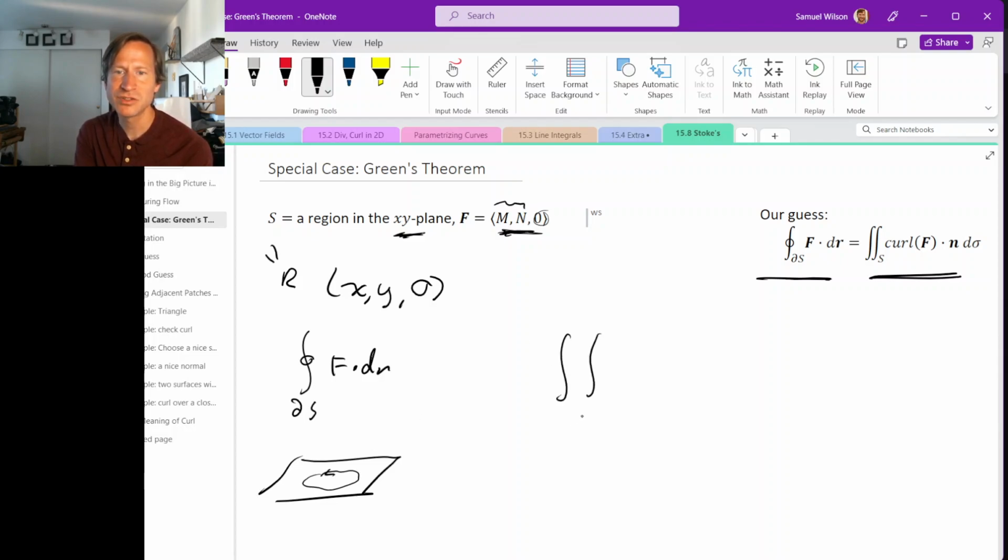The double integral over the surface is the curl of f dot n d sigma. Well, this double integral simplifies a lot in this special situation. So the surface is really just a region in the xy plane.